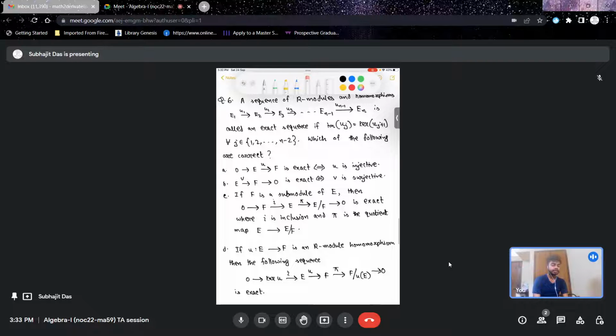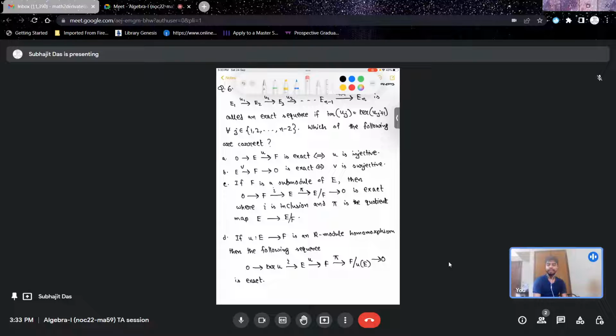The first one is that you are given a sequence 0 to E to F, and it is said that this sequence is exact if and only if u is injective. By 0 I mean here just the trivial module, and 0 to E is the unique map.